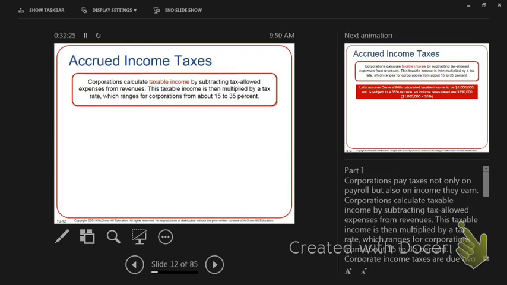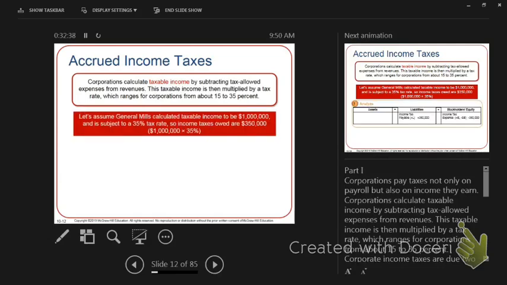All right. Taxable income as a whole is anywhere, and this is an old slide that next semester will probably no longer even be valid, but right now it's 15 to 35%. You need to know that there's a tax rate on federal income tax. You cannot figure that out until you know how much. General Mills as a corporation has nothing to do with payroll.